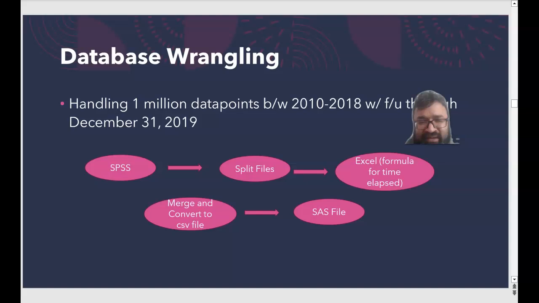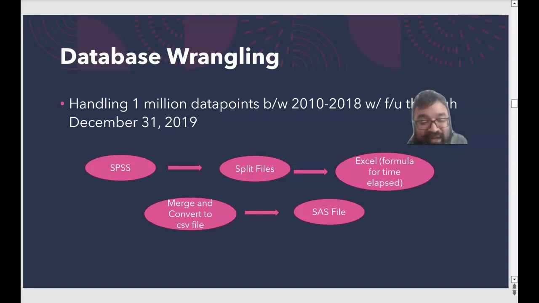When I say database wrangling, I mean I'm trying to show you something a bit more complicated, not something that you will necessarily be using here. However, if you have this in mind, it might make your analysis that much easier. This is a data set that I was using, basically NHIS from 2010 to 2018.